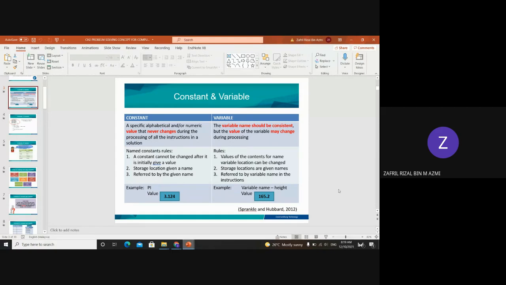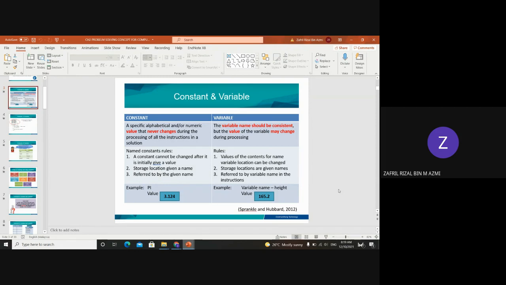Of course, we need hardware to store data. But in terms of a program, for a program to be able to store the data inside of the hardware, the program itself should be able to hold the data, by using constant or variable to hold the data before we store it inside of the hardware. So the software should be able to store the data using constant or variable.